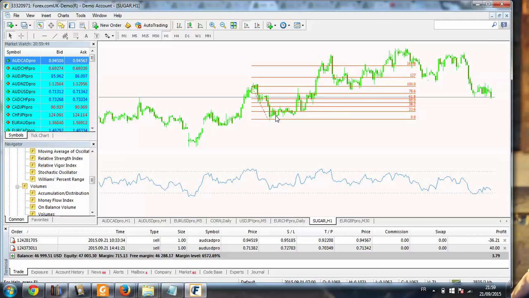So we start looking for the first Fibonacci extension, it's the 127%, and the second Fibonacci extension, it's the 161.8%. So really the Fibonacci is very simple, but I want to show you something amazing.